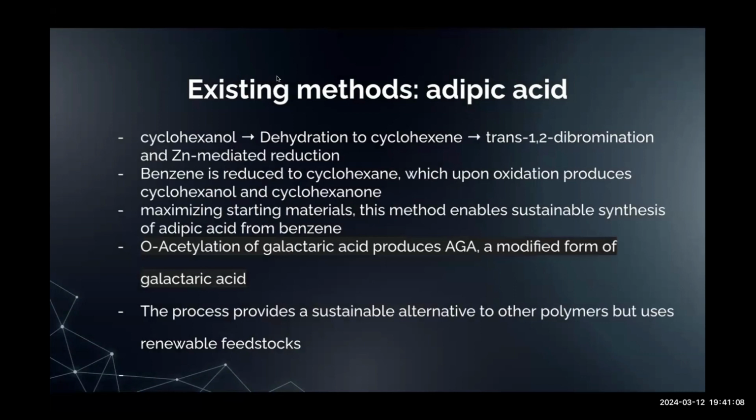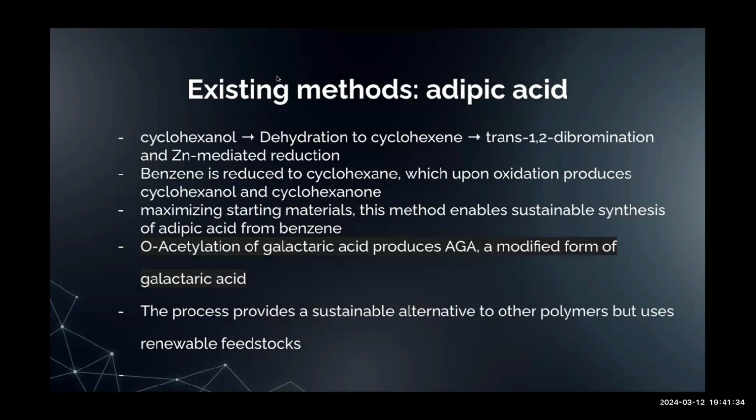So here are existing methods for adipic acid. We start from benzene, which we transform into cyclohexane, which is then oxidized to yield cyclohexanol and cyclohexanone. Cyclohexanol is dehydrated to cyclohexene, which undergoes debromination and a zinc-mediated reduction, which eventually forms adipic acid, a vital component for nylon.